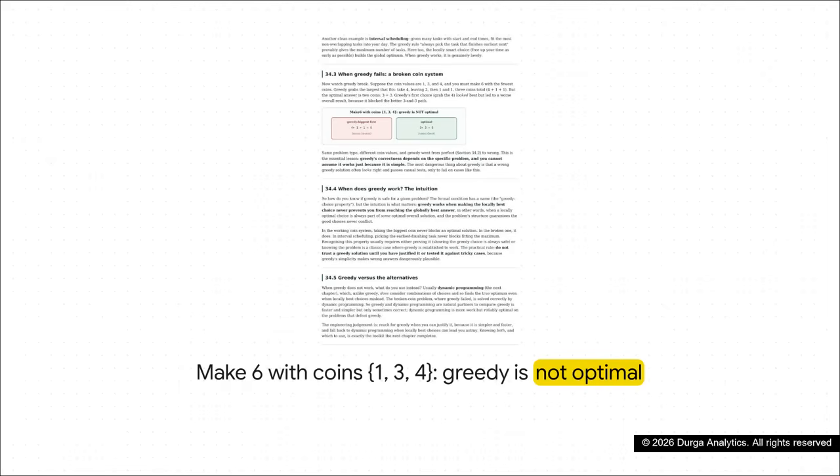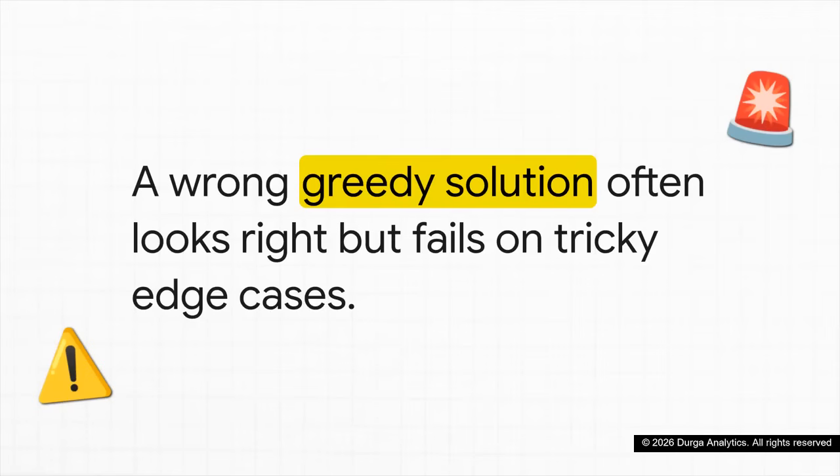It's the exact same problem type, just slightly different coin values, and the greedy approach went from perfect to entirely wrong. The danger here simply cannot be overstated for working developers. A wrong greedy solution often looks right, and it'll usually pass casual tests, only to fail spectacularly on edge cases. This is the essential trap, folks.